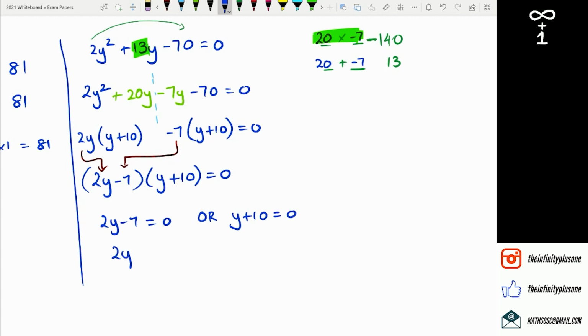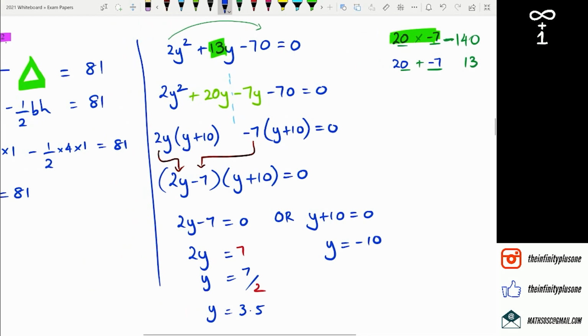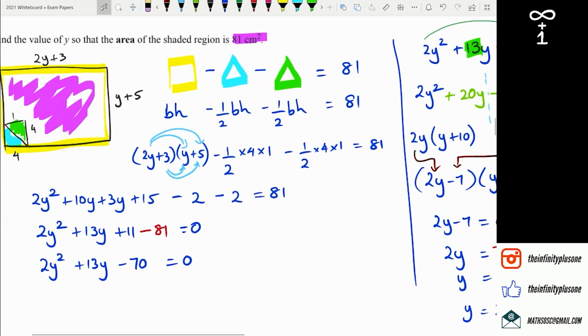So in our first answer, we're going to get 2y is equal to positive 7, and y is equal to 7 divided by 2. Or in other words, y is equal to 3.5. In our second case, we get y is equal to minus 10. Now, if you go back and have a look, that's y plus 5.